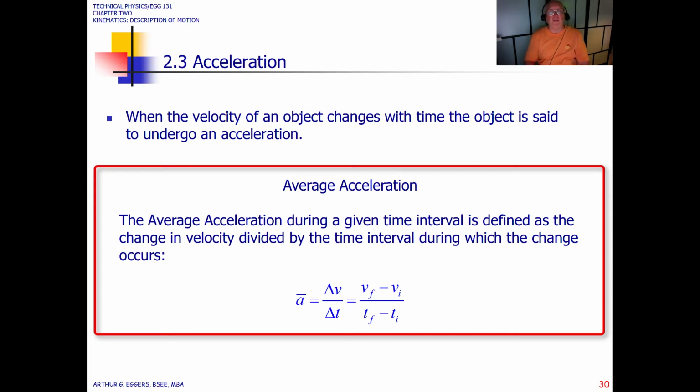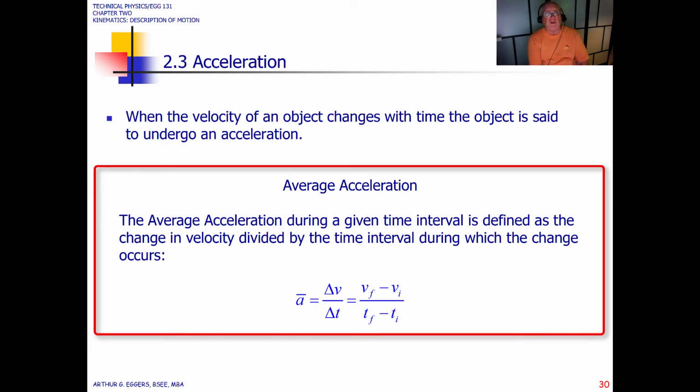So what we had previously was a delta x over delta t, which gave us an average velocity. Now we're going to take it the next step. And for those of you that have seen this before, this is actually doing what's called a derivative in the calculus. So you're getting an introduction to calculus here as well.